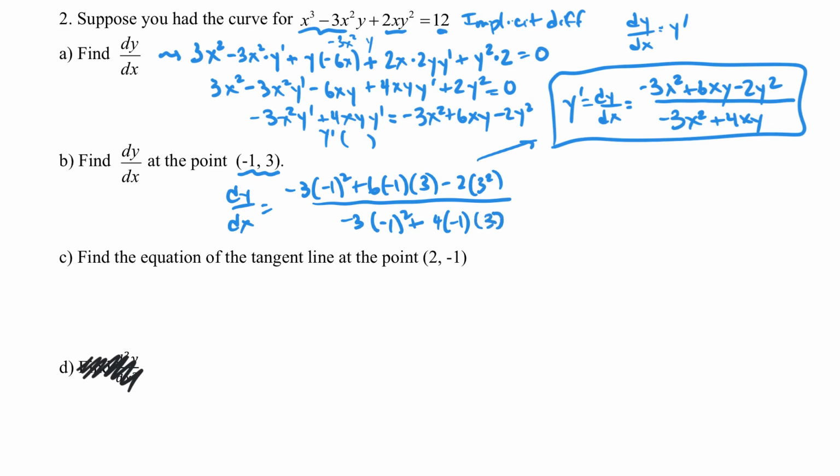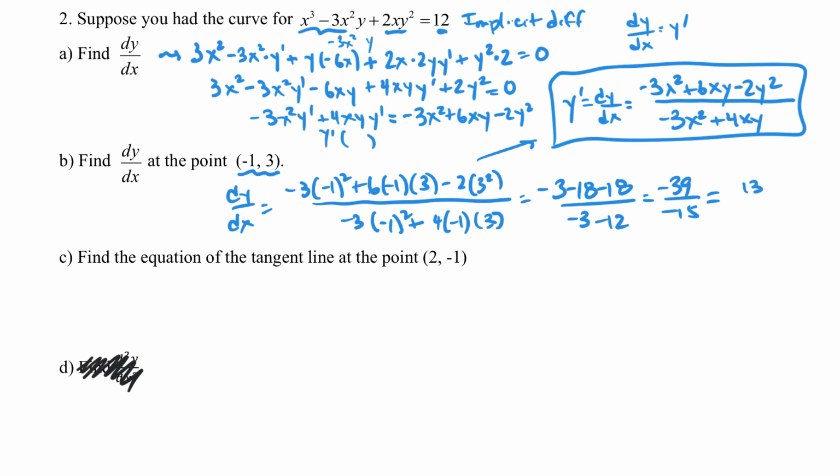And this will give me negative 3 minus 18 minus another 18 over here. And on the bottom, I'll get negative 3. And then this will be minus 12, which will give me negative 39 over negative 15, which can reduce down to 13/5.